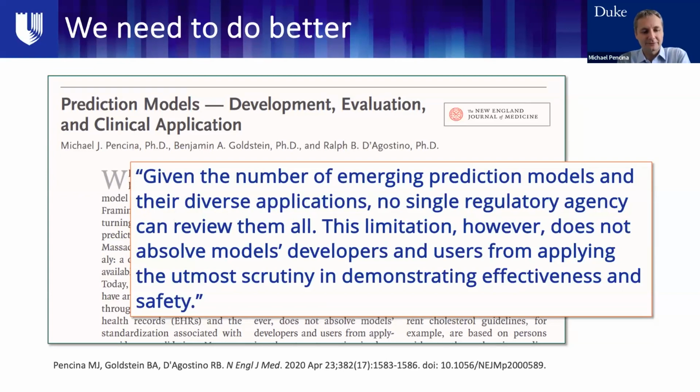This particular paper was written in response to another publication by a colleague of mine, Ziad Obermeyer, and colleagues, who identified major racial bias of a popularly used algorithm, which used the wrong proxy, right?